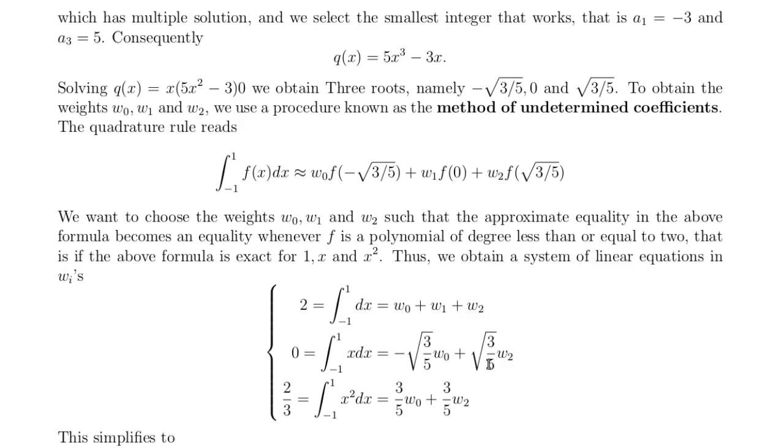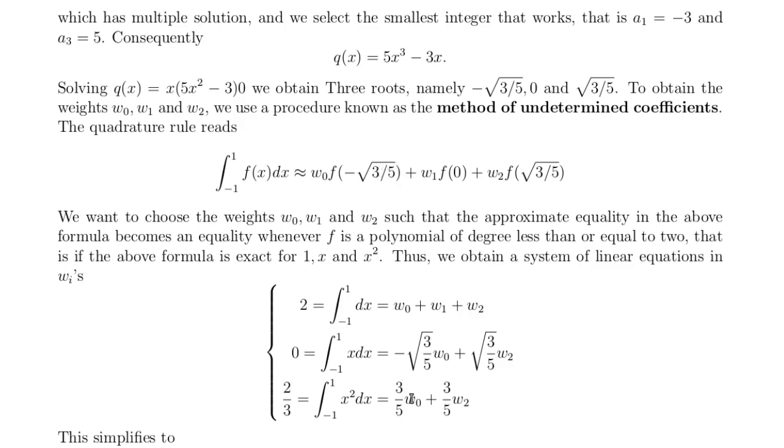So similarly, if you take f of x equal to x squared, you integrate x squared from -1 to 1, you obtain 2/3, and now the right hand side, which is the rule, will be W0 times f of negative square root of 3 by 5. Since f of x is x squared, it will be the square of this quantity. If you square negative square root of 3 by 5, the result will be 3 by 5.